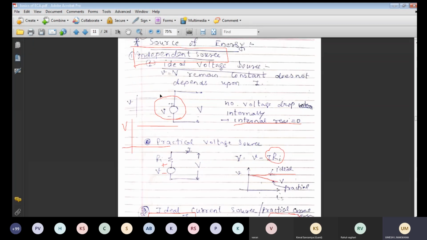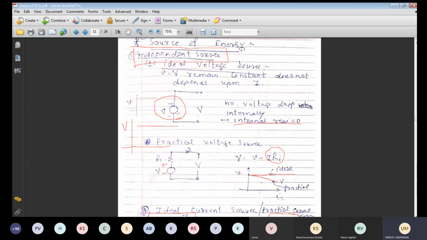That is why, when we remove a voltage source, we have to short it, replacing the voltage source with a short circuit.